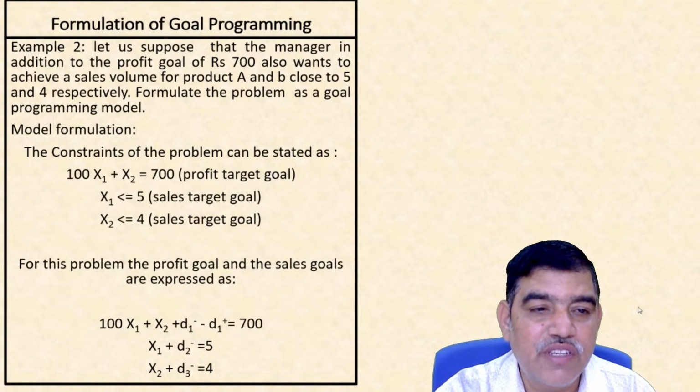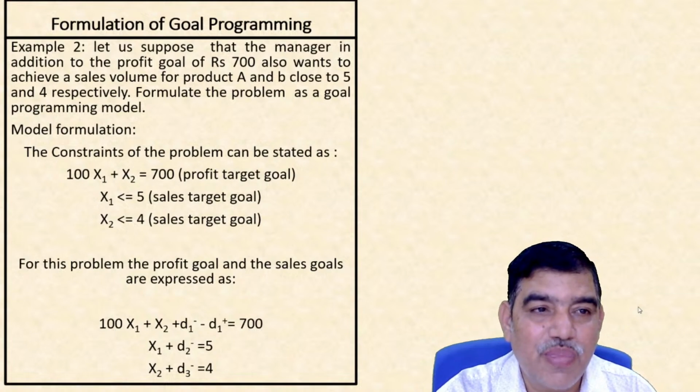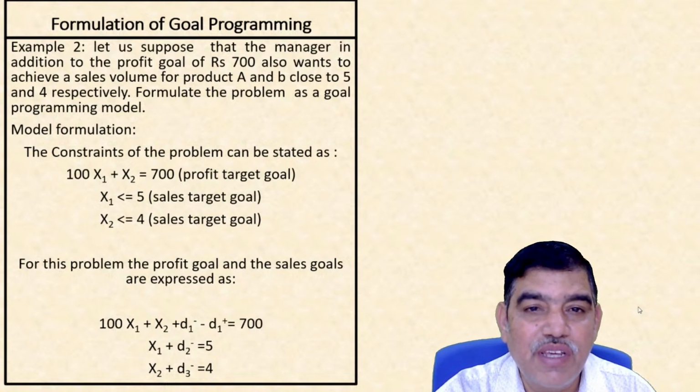And the goal equation is 100x1 plus x2 plus d1 negative minus d1 positive equal to 700, because that is mentioned in the question. The manager, in addition to the profit goal of rupees 700 in example 1, also wants to achieve a sales volume for product A and product B close to 5 and 4 respectively.